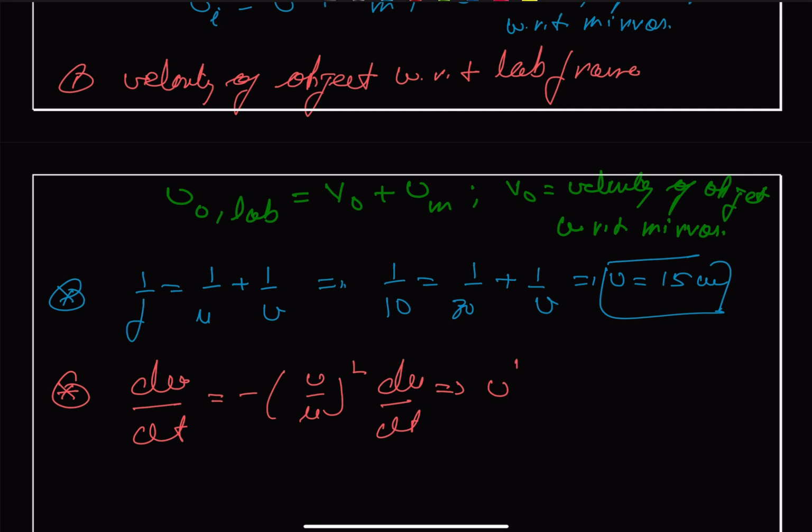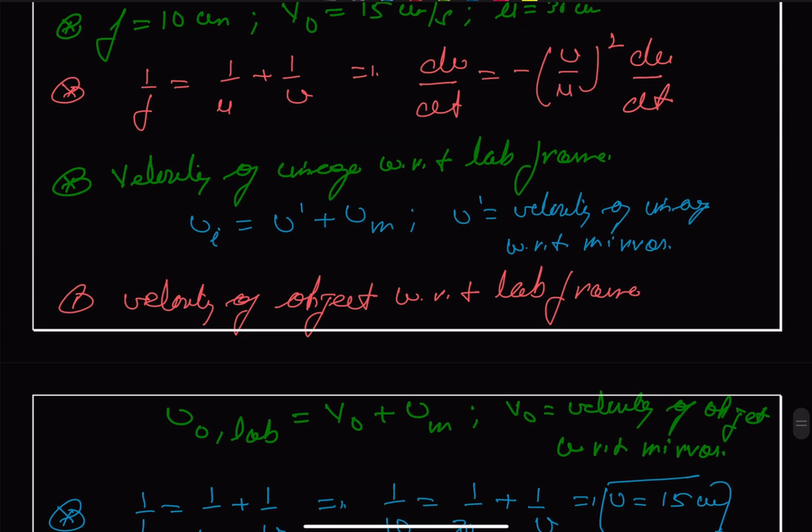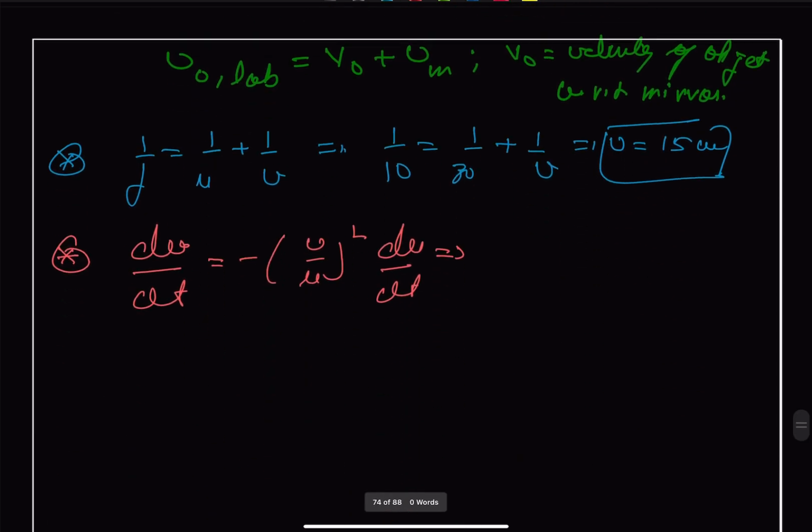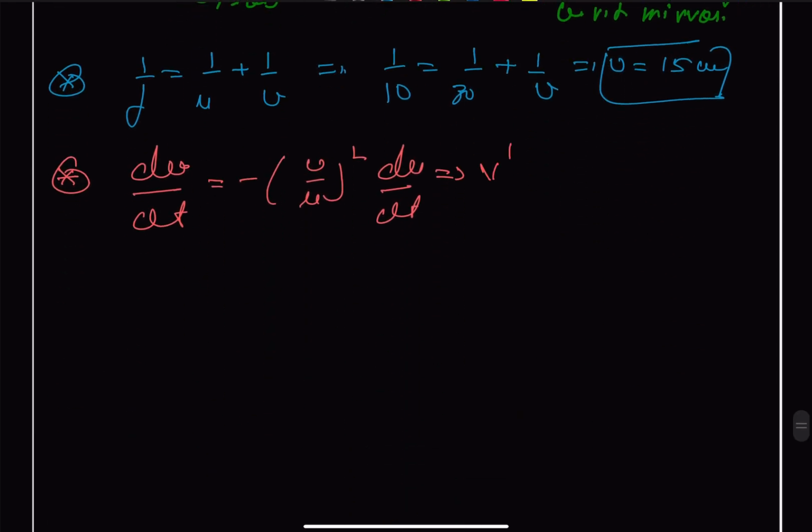So we get our V prime will be equal to minus, and we just found out 15, 30 whole square, and this velocity is given to us as minus of 15.